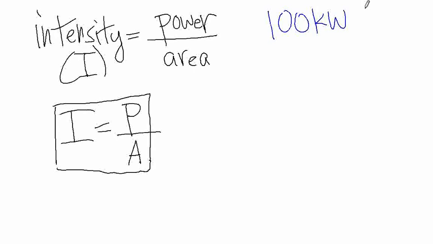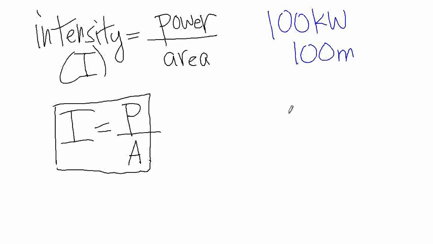Suppose we wanted to know what the intensity was 100 meters away from the radio station. So the power is 100,000 watts. 100 meters away, imagine all of that power being spread over the surface of a sphere with a radius of 100 meters. The formula for the surface area of a sphere of radius r is 4 pi r squared.